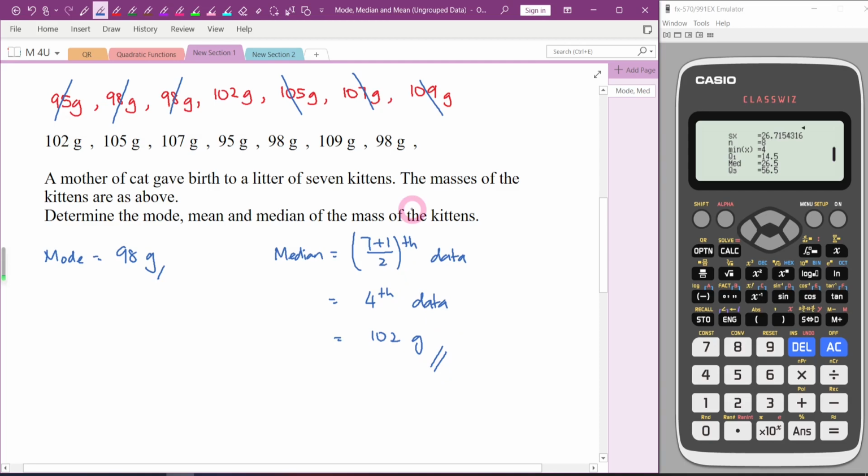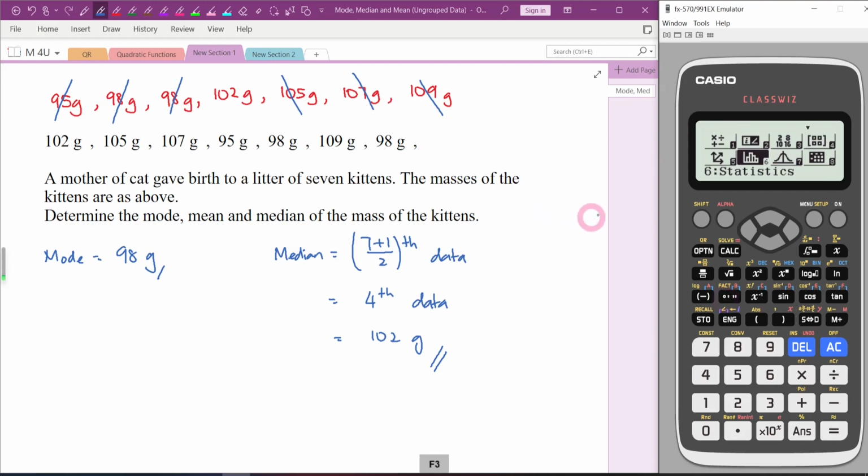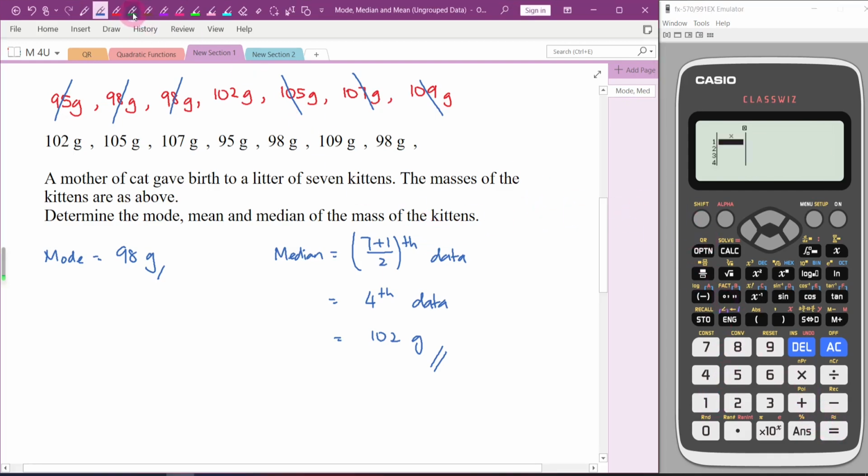Let us check by using our calculator. Okay, let me rekey in all this first. Okay, so if you are using a calculator to check the median and the mean, you don't have to rearrange it. You can key in this one or this one.